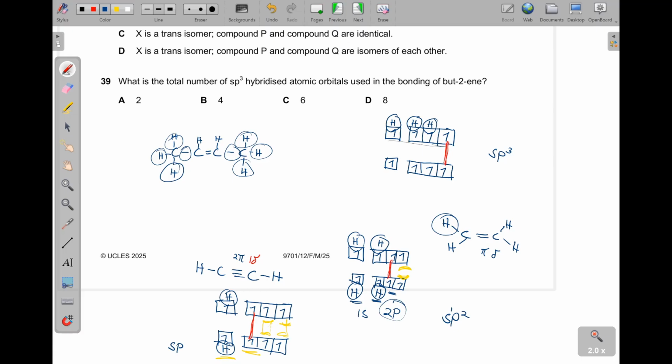All of these ones you can see: the one we got here, then here, and also this one here. All of them. So our answer is 8. That's what I'm going to go with. So the answer has to be 8, that is D.